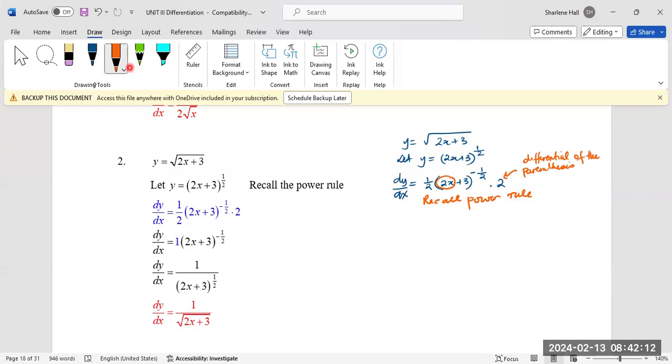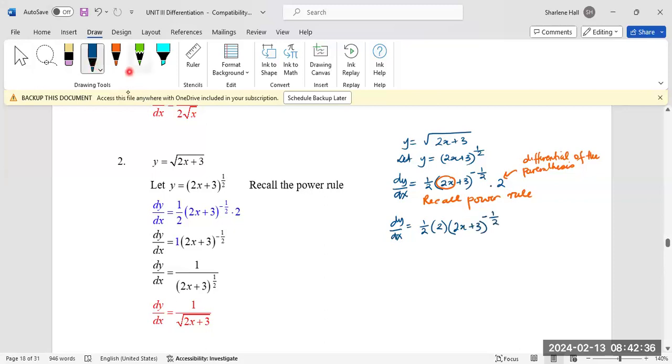Yes, sir. So now what I'm going to have here is dy by dx equals a half times 2 times 2x plus 3 to the negative 1/2.